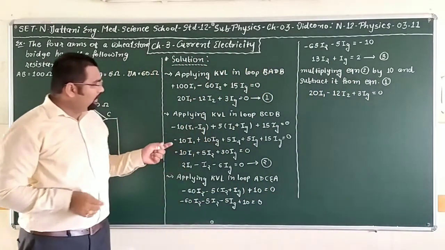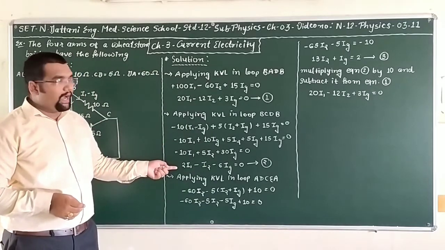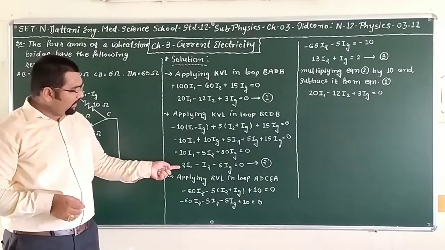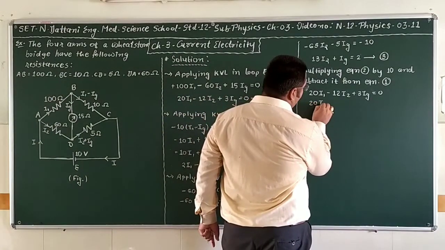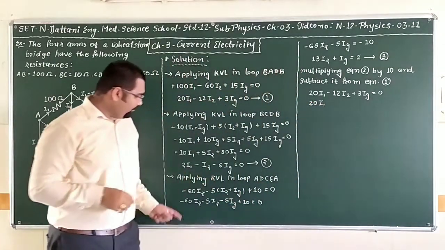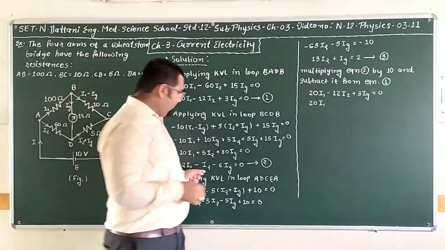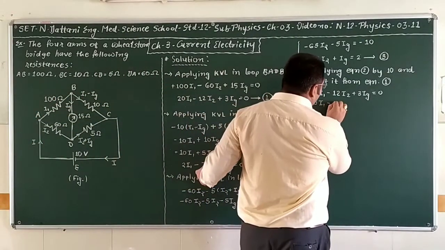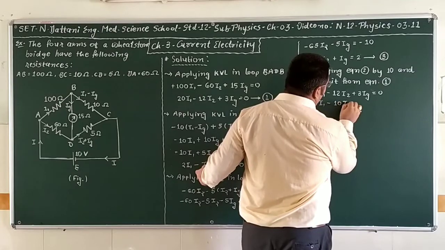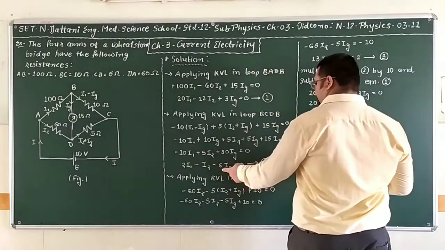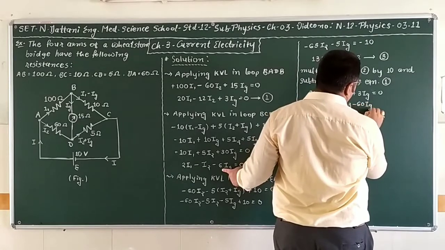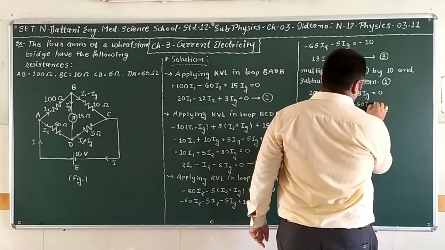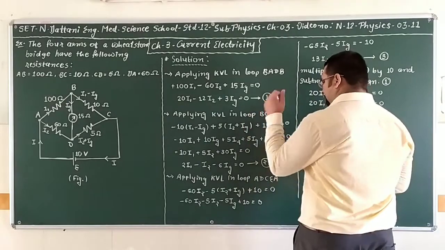Now we will multiply equation number 2 by 10. So here 2 into 10, that is 20I1. Here I2 into 10, so that is minus 10I2, and 6 into 10, that is minus 60Ig equal to 0.